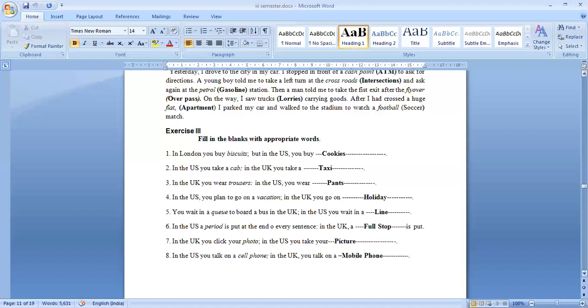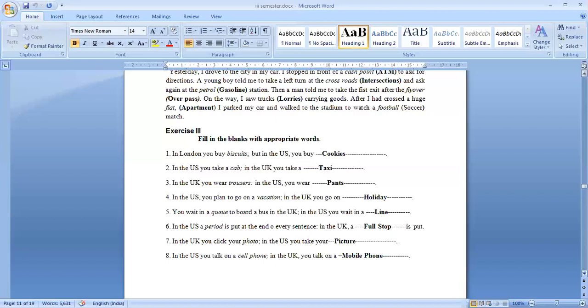The UK means the United Kingdom, Britain. US means United States, America. So in America, you can hire a cab. But in the UK, the British people call the cab a taxi. So their word is taxi. British people hire a taxi, whereas the American people hire a cab.